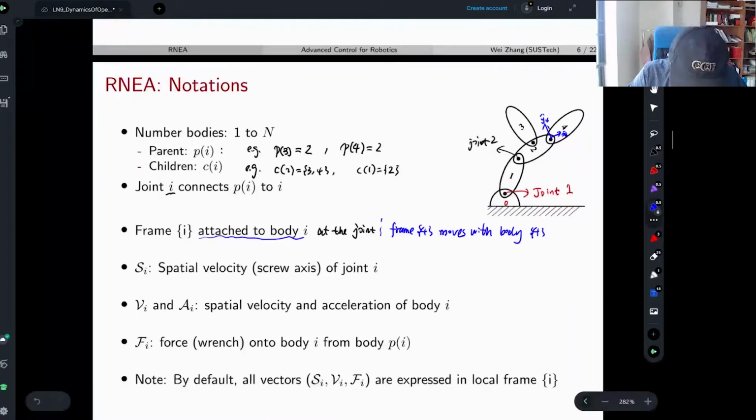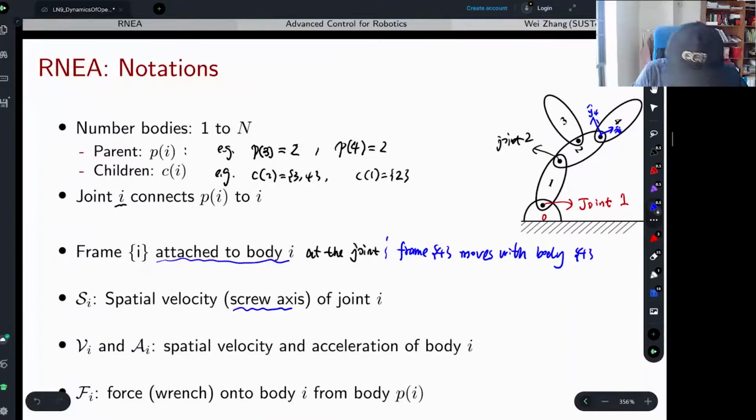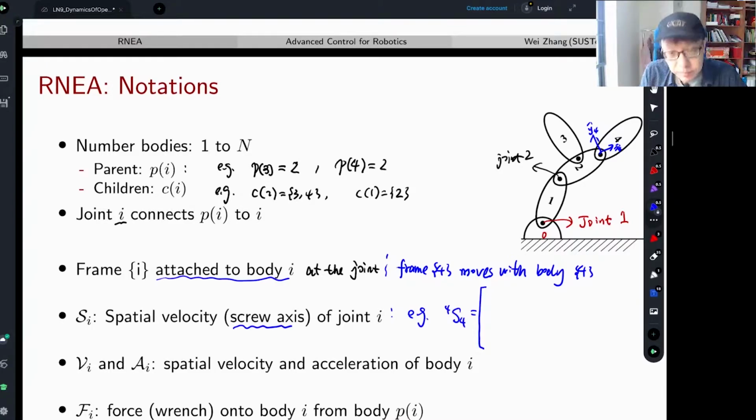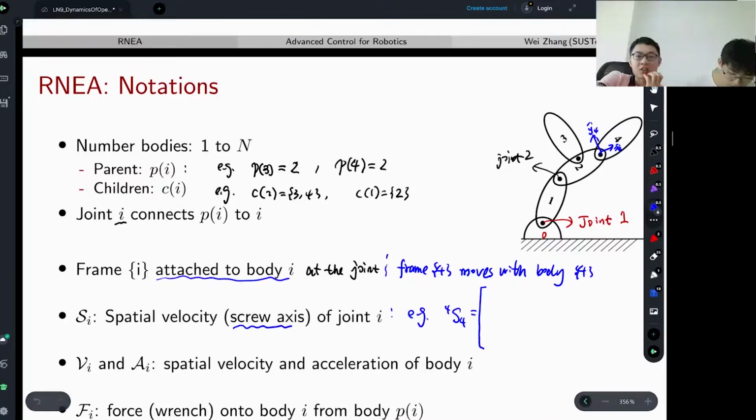Now, I would say the spatial velocity is the screw axis of its joint. It's quite important. We will denote this S_i as the screw axis of joint i. For example, S4 in local coordinates, what is it? It should be 0, 0, 1, 0, 0, 0.